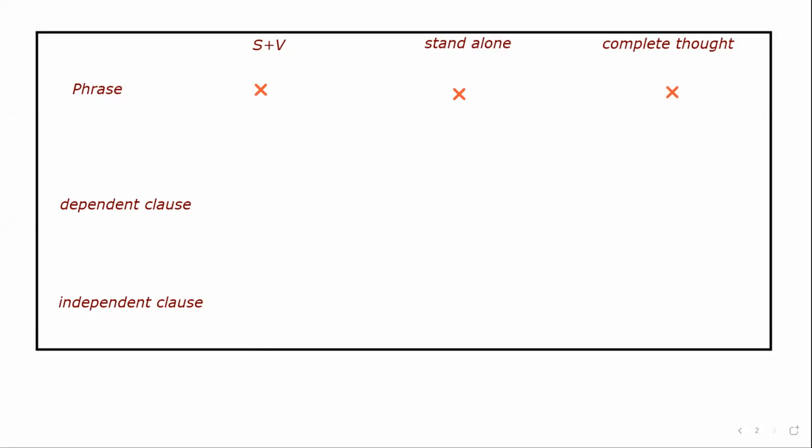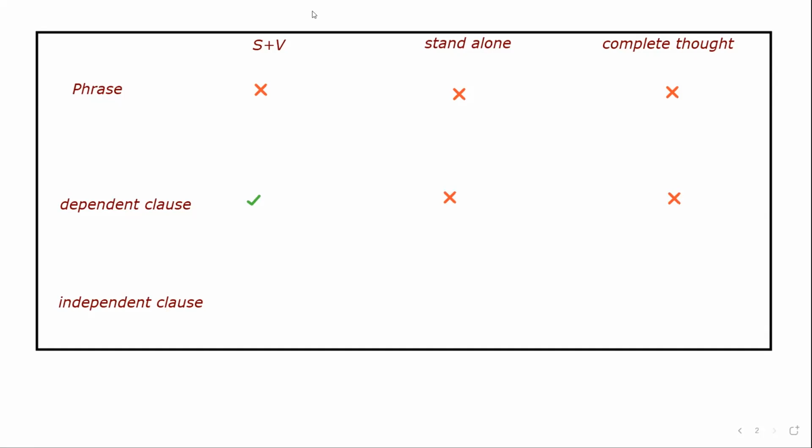What about dependent clauses? Any clause, we said it must have subject and verb. So yes. But can it stand alone, after I went home? No, it does not stand alone and it does not give a complete thought. It needs an independent clause, as we agreed, to give its meaning.